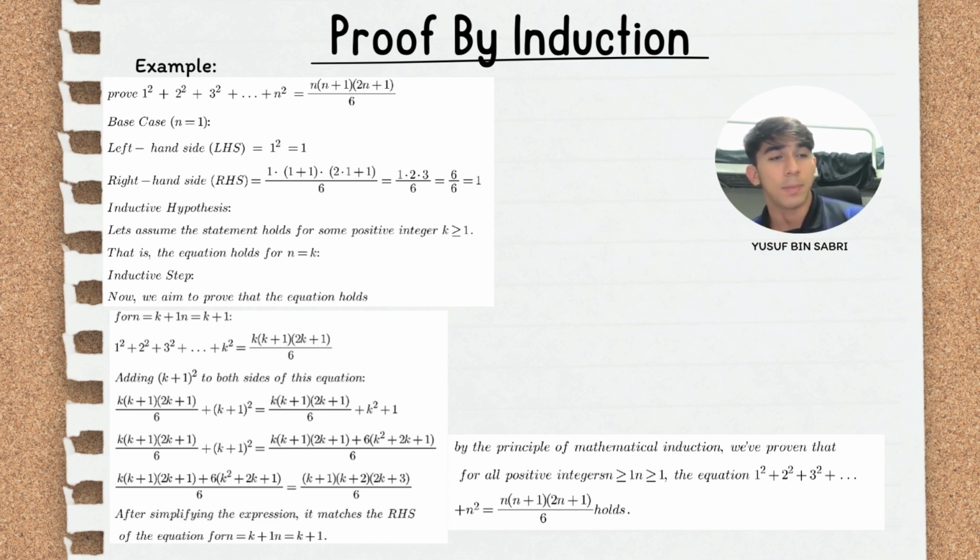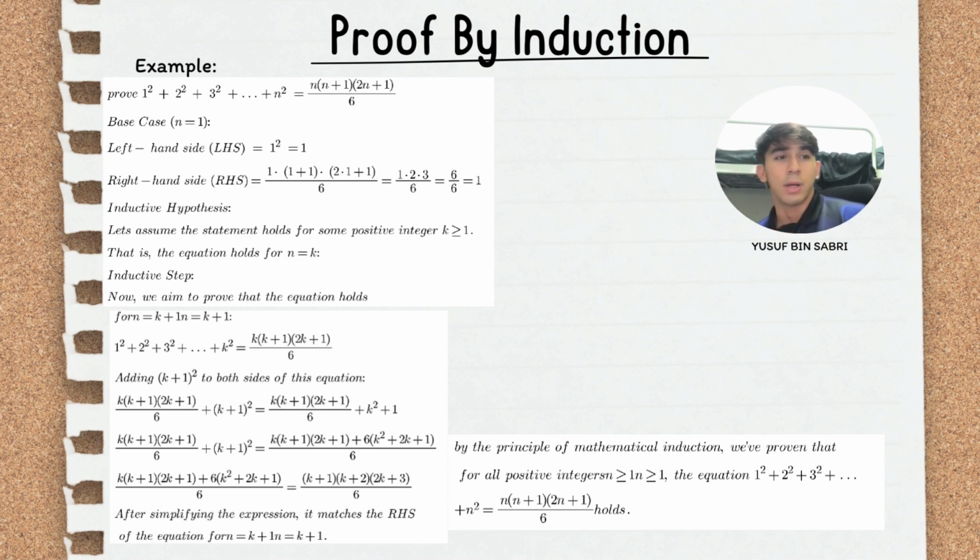Next, k times (k plus 1) times (2k plus 1) divided by 6 plus (k plus 1) squared equals (k times (k plus 1) times (2k plus 1) plus 6 times (k squared plus 2k plus 1)) divided by 6.